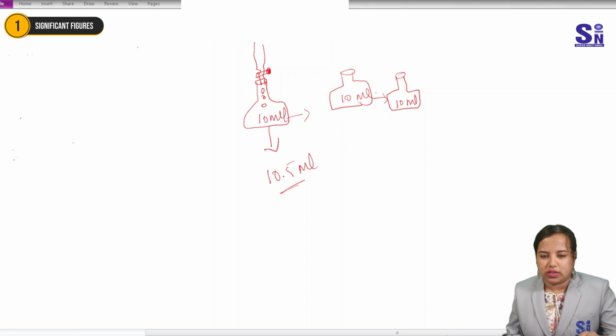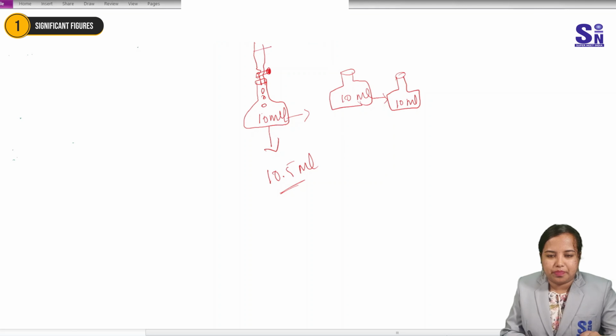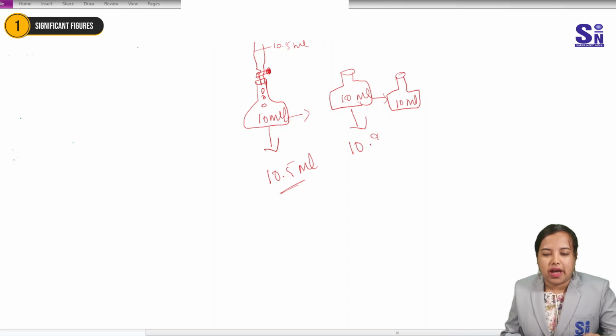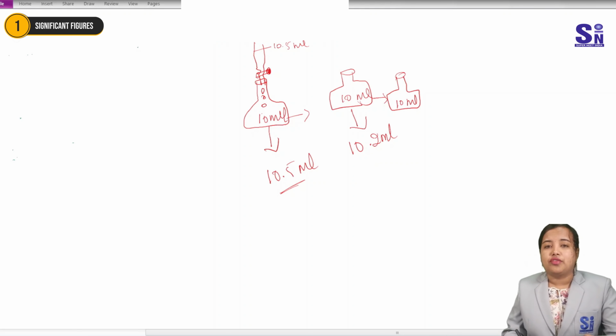You will note down that burette reading. For the second, you may get the color change at around 10.2 ml. And why do we need to do the third one? Because we need to confirm the value that is repeatedly obtained.